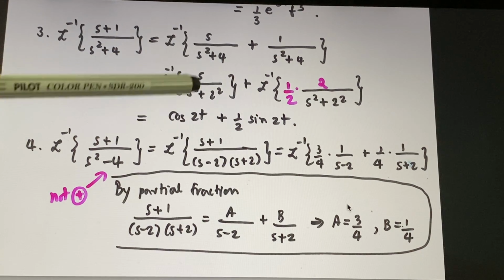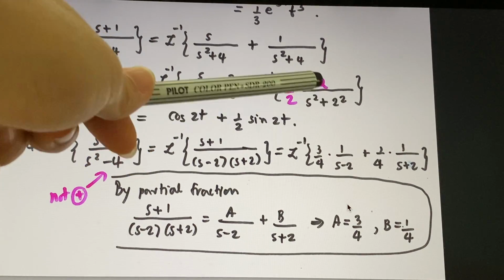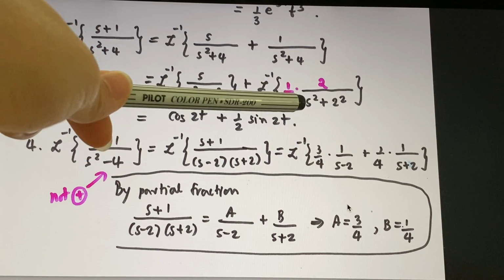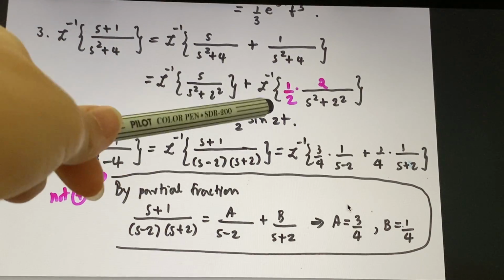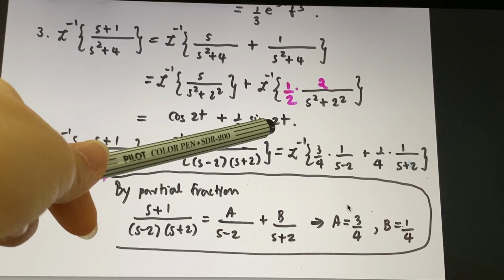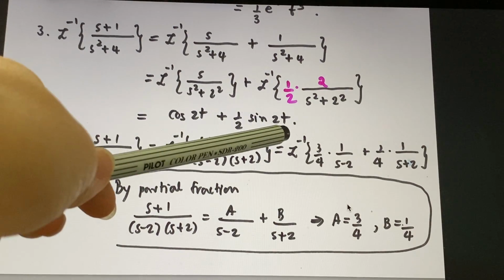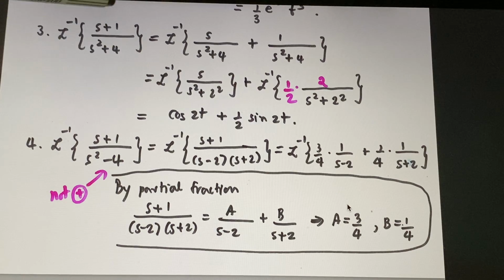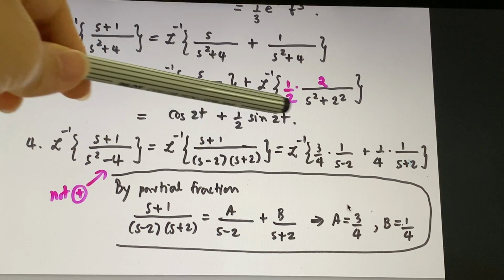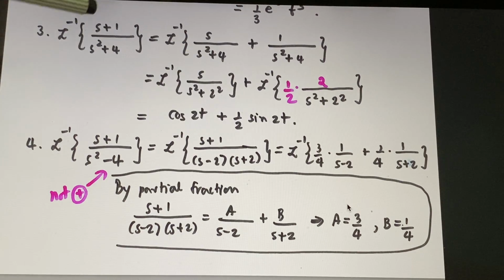This is a form of cosine 2t already. But for this one, when you see 2 squared, you need 2 up here. So you divide by 2 here and factor 1/2 out. And the rest of the term here comes exactly from sine 2t, right? So you're going to have cosine 2t plus 1/2 sine 2t. After you do it, you can check your solution. If you transform this back, you should get this one. And when you do the inverse Laplace transform with this one, you should get this one.